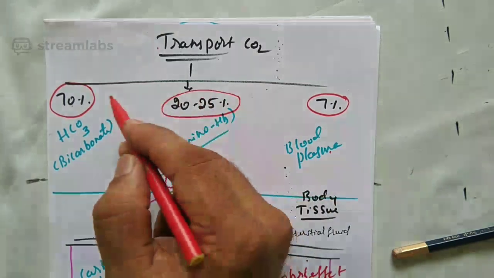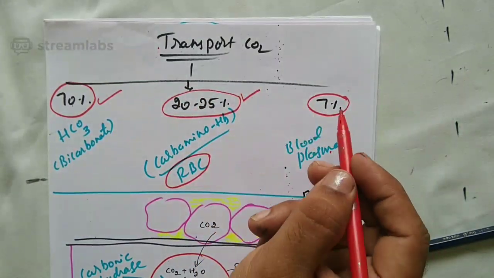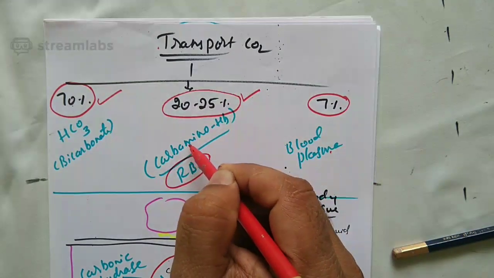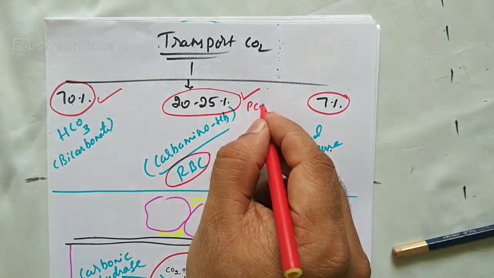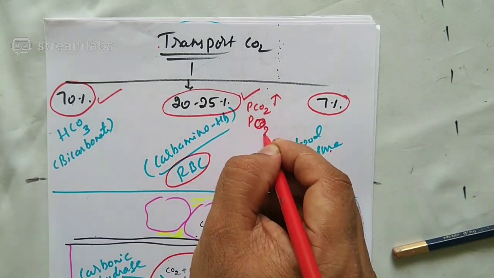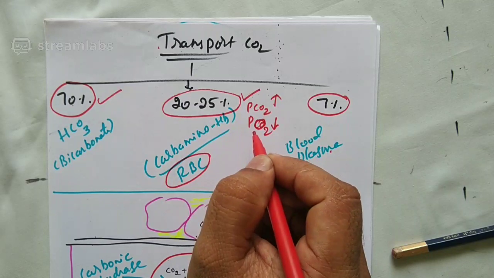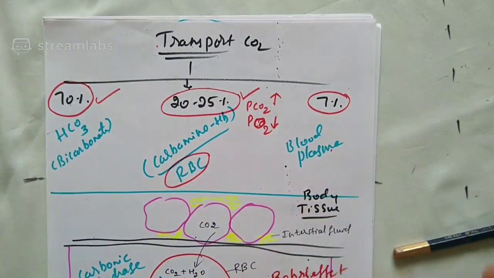So highest is bicarbonate, next comes carbaminohemoglobin, next comes 7%. If hemoglobin has to bind with carbon dioxide, then the partial pressure of carbon dioxide should be more, right? And the partial pressure of oxygen should be less. Please remember that. Because this is happening where, you tell me? Happening in the tissue.